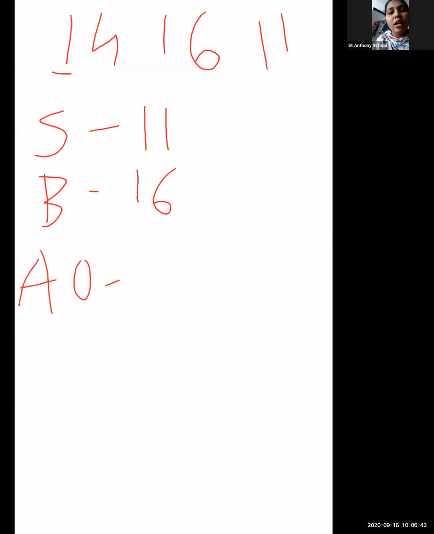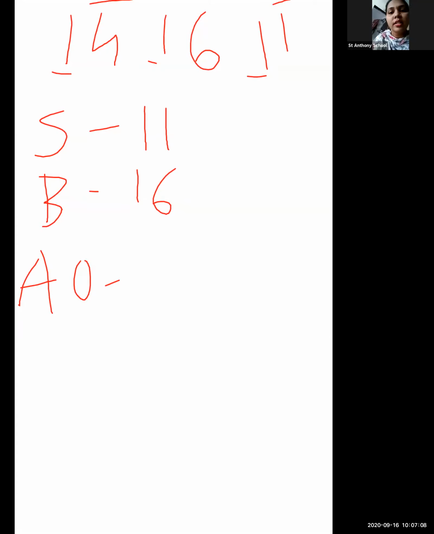So here every number has a tens place of 1, 1, 1. So we will check the ones place. The ones digits are 1, 6 and 4.